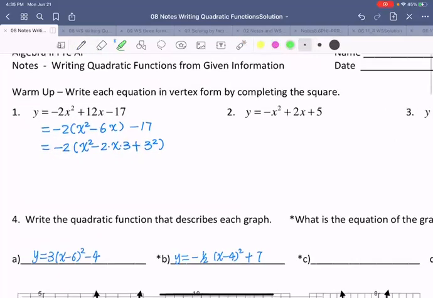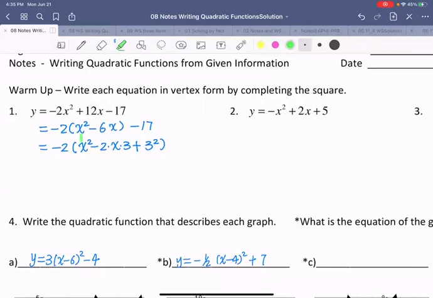We are going to check this, okay? These two terms are corresponding. This is corresponding. Minus 17, we can copy down here. So these are corresponding and equal. The only difference is this part.